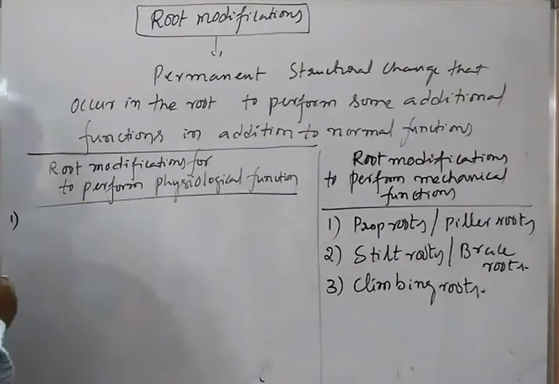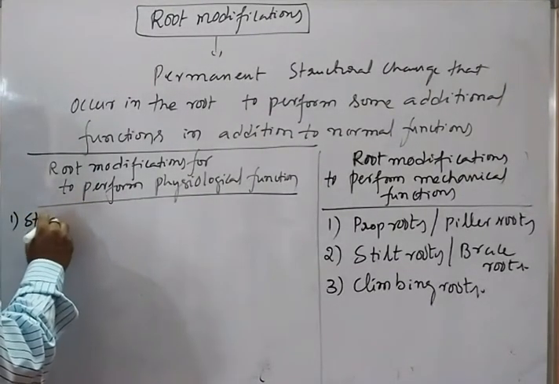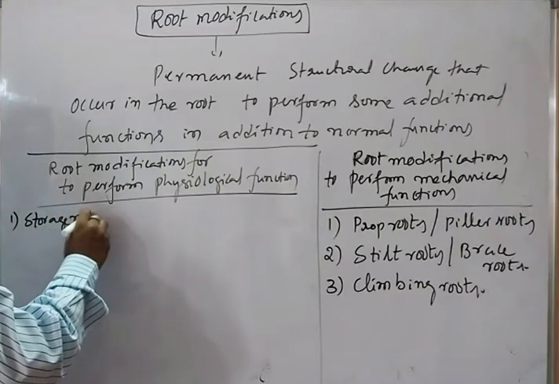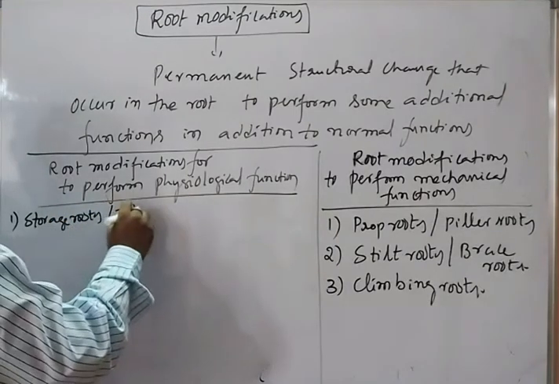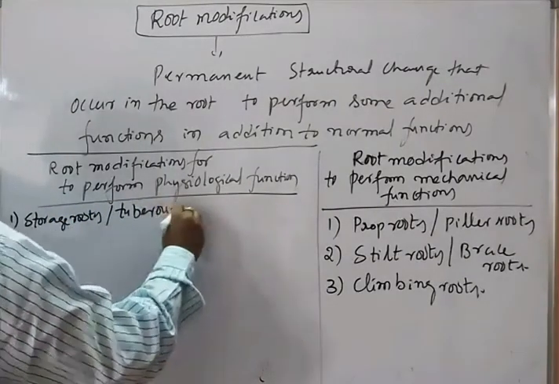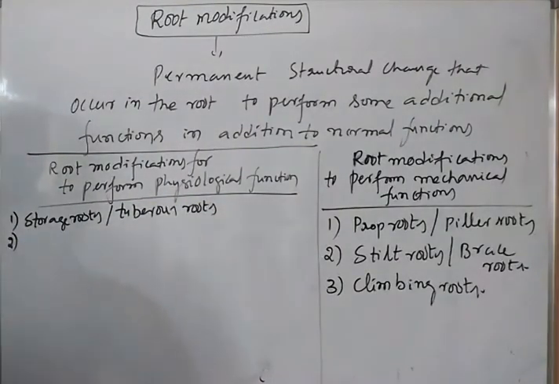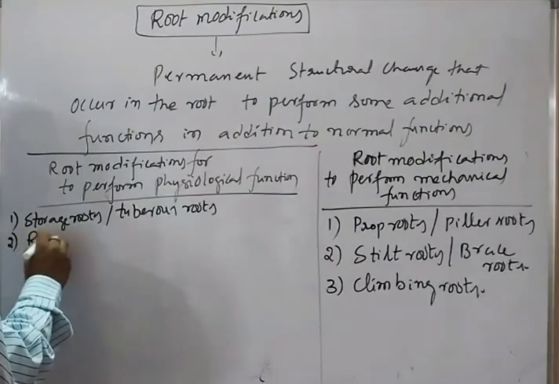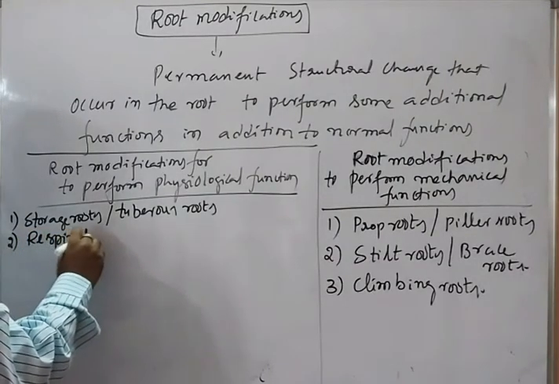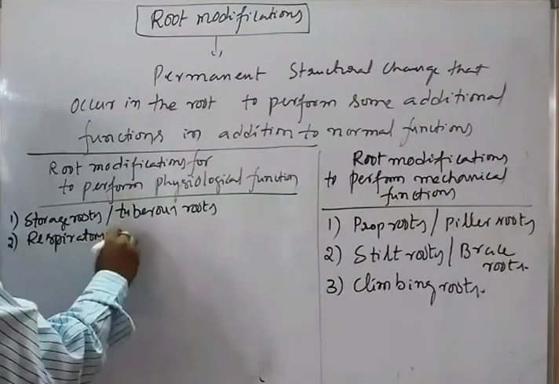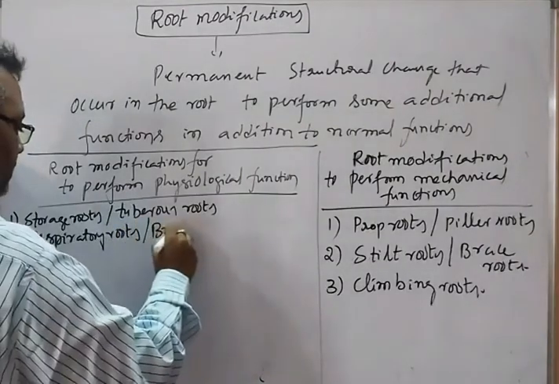Next, under physiological functions we have different examples. Number one, storage roots or tuberous roots. Number two, respiratory roots or breathing roots.